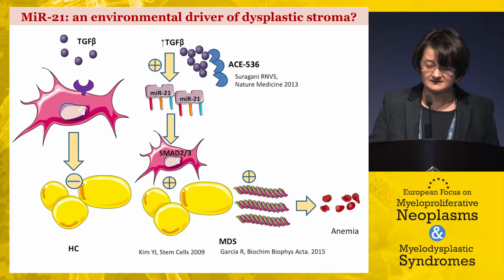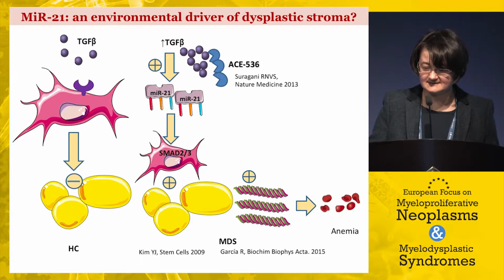In the normal bone marrow, TGF-beta has a negative effect, inhibiting adipocyte differentiation.